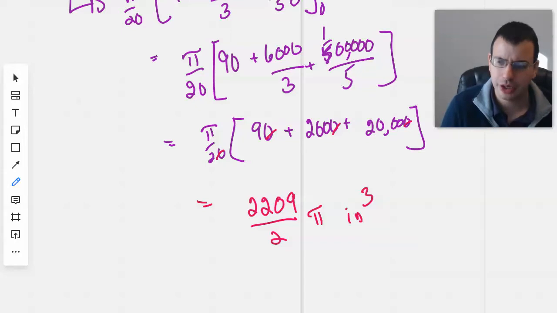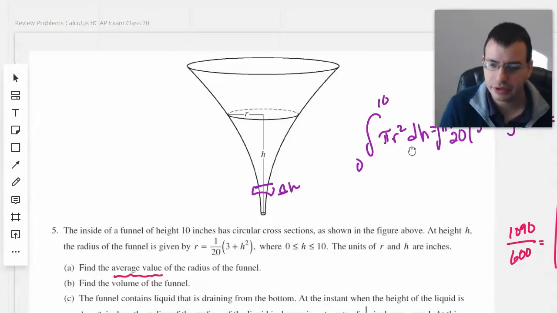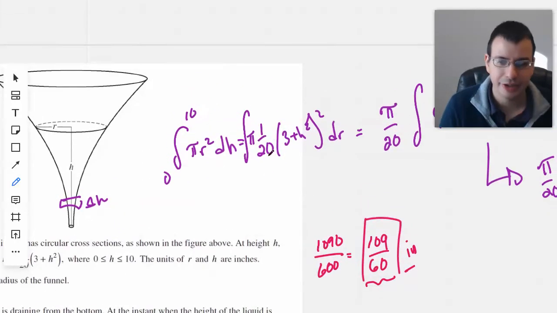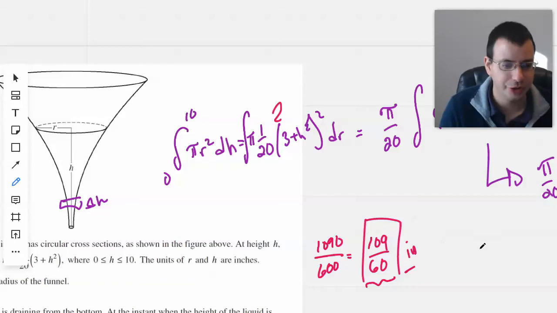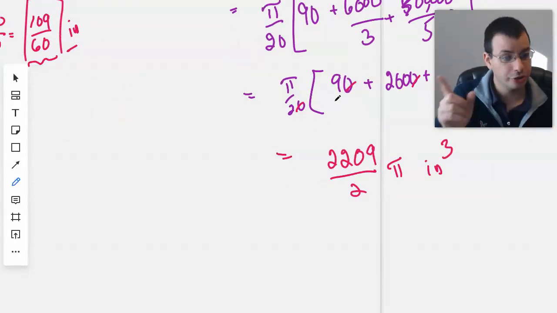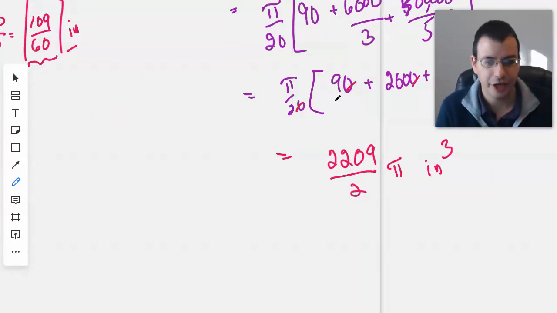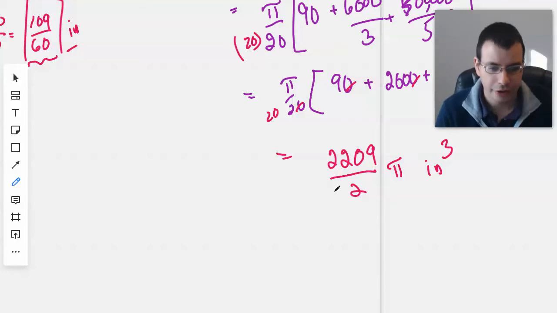Wonder where that 20... See that 20 there? That should be squared as well. Outrageous. So go through all this again. And then there should be another 20 right here. So we'll change this 20 to 40.